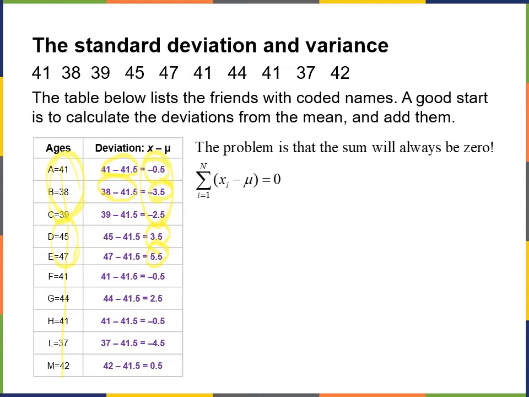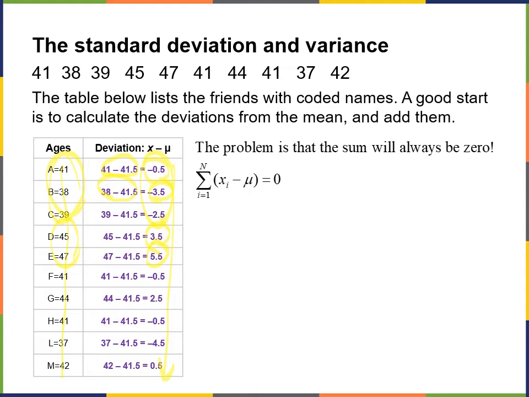So we can look at all these individual deviations. But what we want to know is how does the data set overall deviate from the mean? So you can look at all these, and one thing we could do is to say, okay, well, let's add all the individual deviations up. Problem here is that's always going to end up being 0. Always.